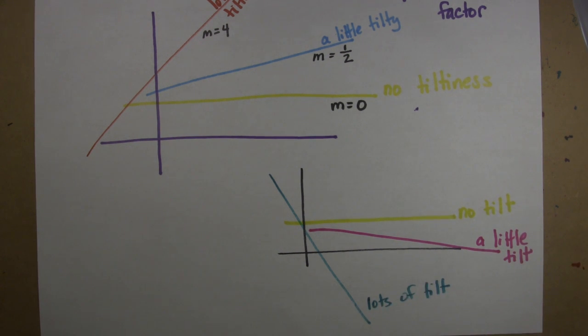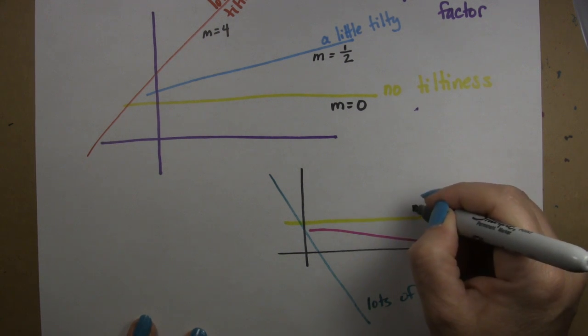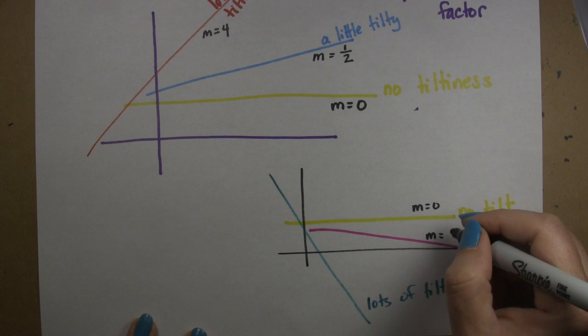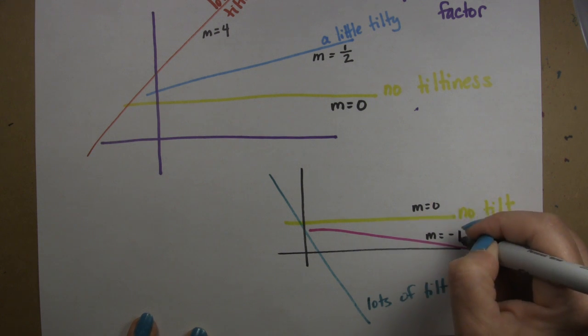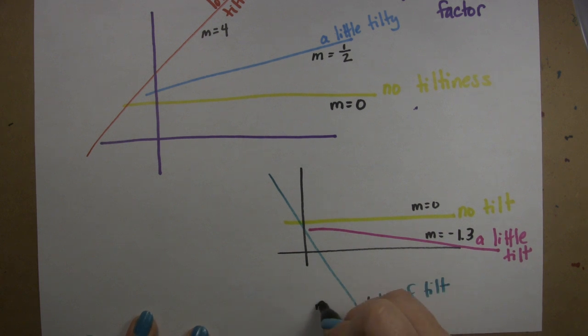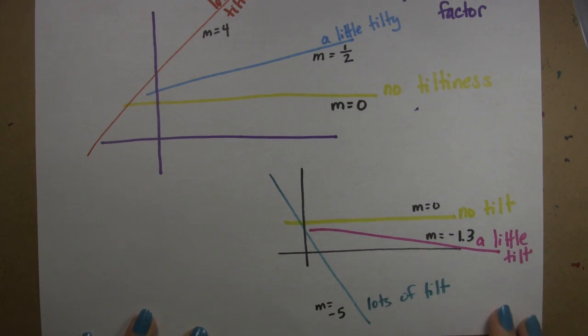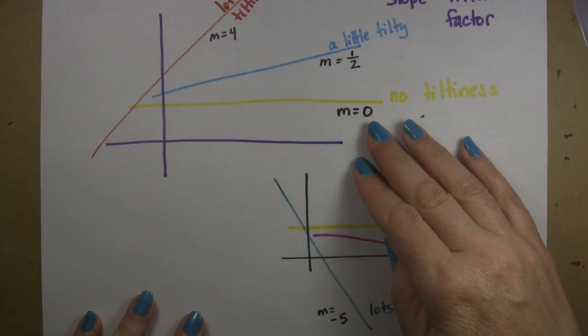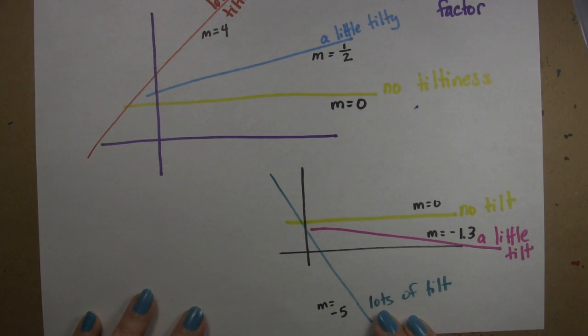Your slopes here might be something like this. This would be an M of 0. This would be an M maybe of -1.3. And this would be an M of maybe -5. Okay? So you can have positive slopes or you can have negative slopes.